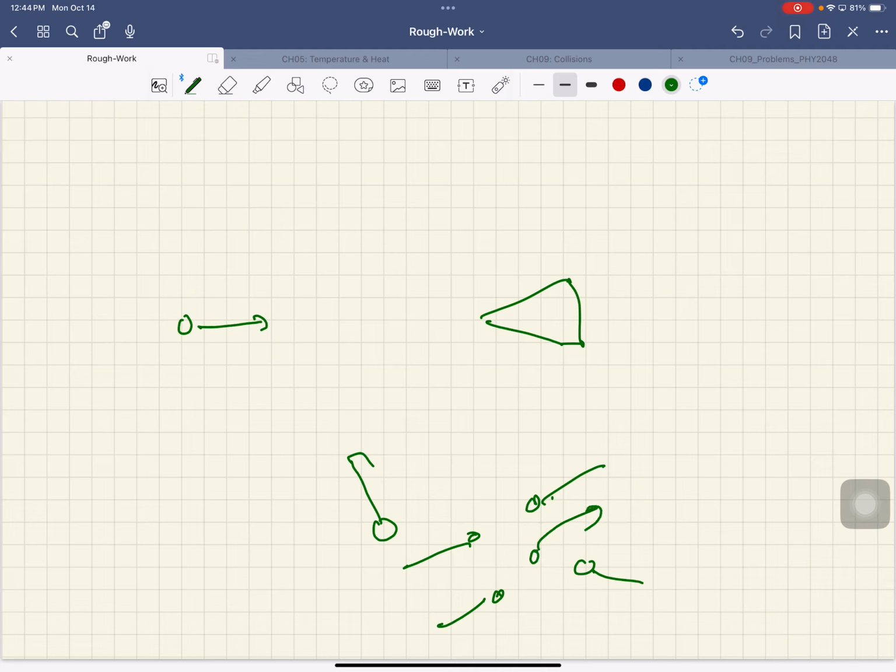Now, this was an elastic collision, and when you play pool, that's an elastic collision. So kinetic energy initial was equal to kinetic energy final. The sum of all the kinetic energies of these balls is equal to the kinetic energy of the cue ball. These balls were all at rest.